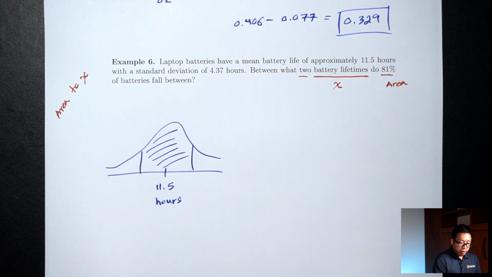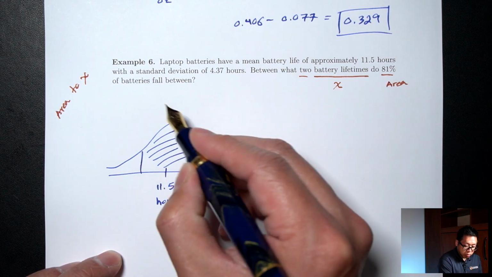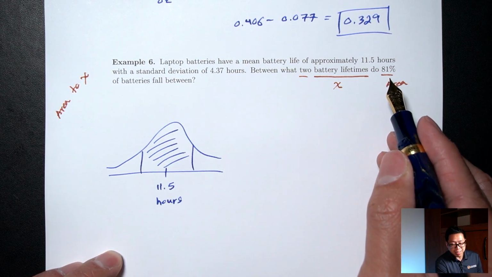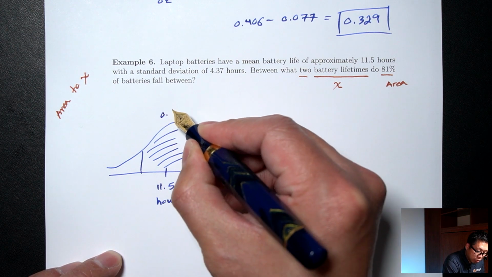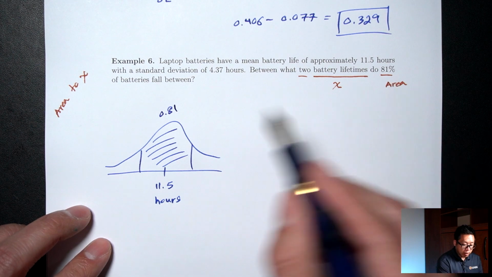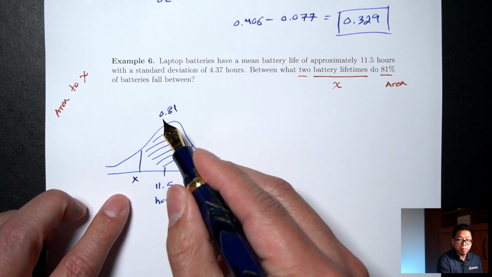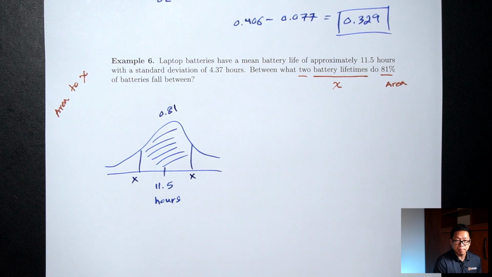This 81%, that's an area, so that doesn't go on the x-axis, that goes up here. So 81% as a decimal, that's 0.81. I'm looking for two x's that have an area of 0.81 between them. Okay, so that's a setup.